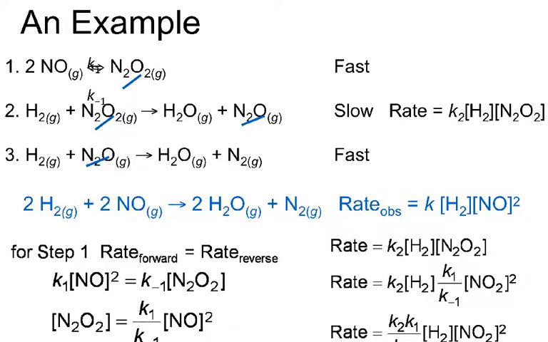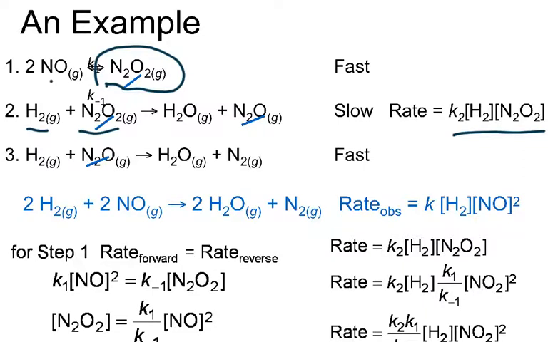We have this first fast initial step where two NOs go to N2O2. And then our slow step is this one where hydrogen reacts with our intermediate to form water and some products.